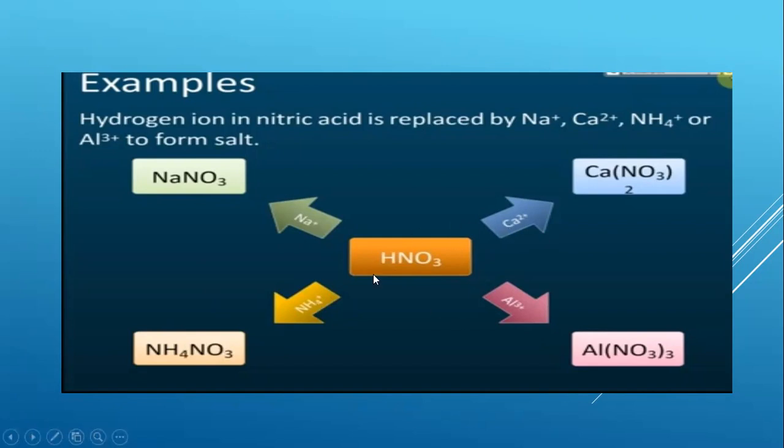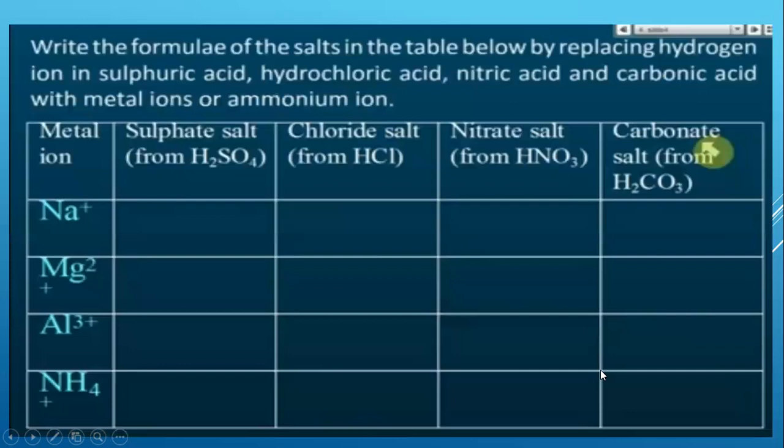In the same way, this hydrogen can be replaced by calcium ions, and the product is Ca(NO3)2, that is calcium nitrate, which is again a salt. Similarly, this hydrogen can be replaced by aluminium ions, and the product is aluminium nitrate, that is a salt.